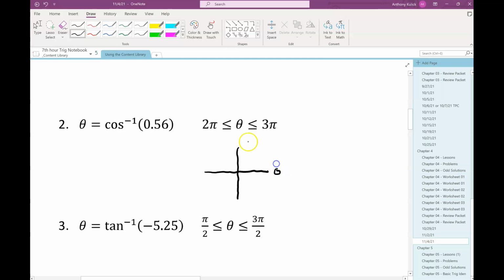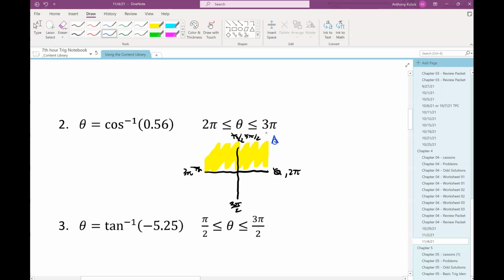So I'll start 0, pi over 2, pi, 3 pi over 2, 2 pi, 5 pi over 2, 3 pi. So between 2 pi and 3 pi is quadrants 1 and 2. So far, so good.